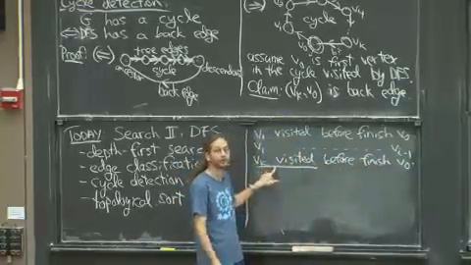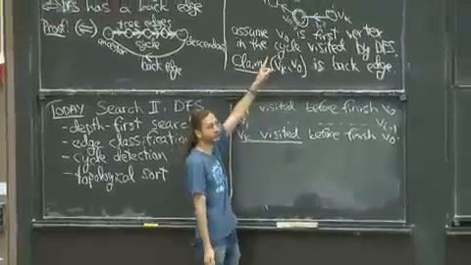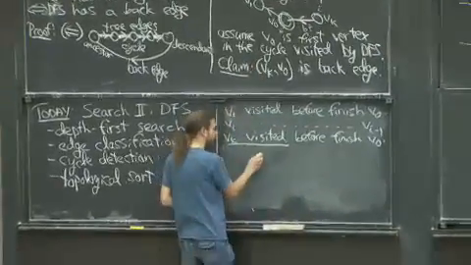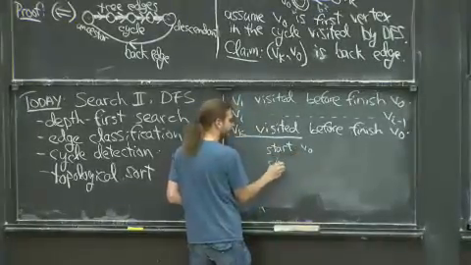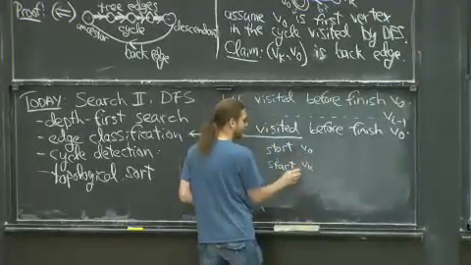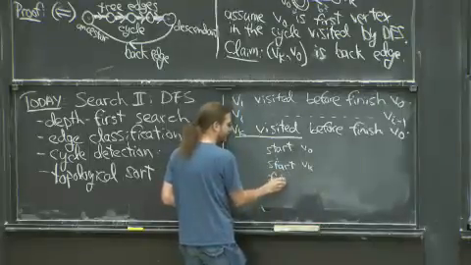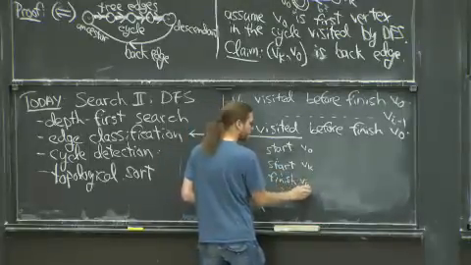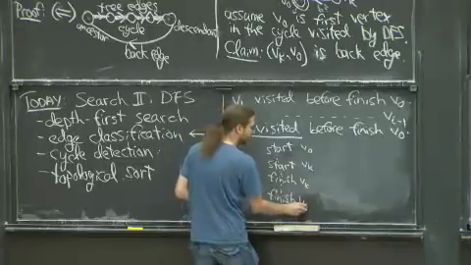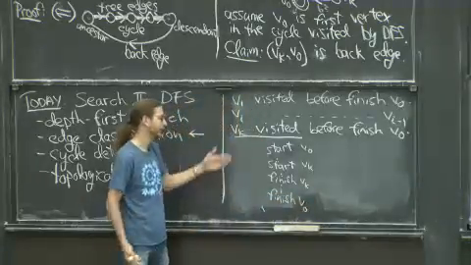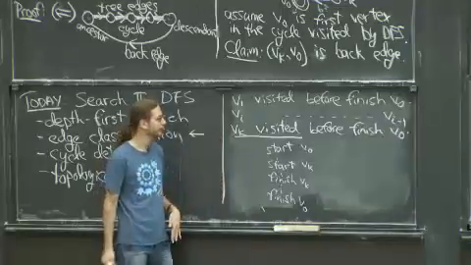We will start vk after we start v0, because v0 is first. So the order is going to look like: start v0, at some point we will start vk, then we'll finish vk, then we'll finish v0. This is something the textbook likes to call, and I like to call, balanced parentheses.